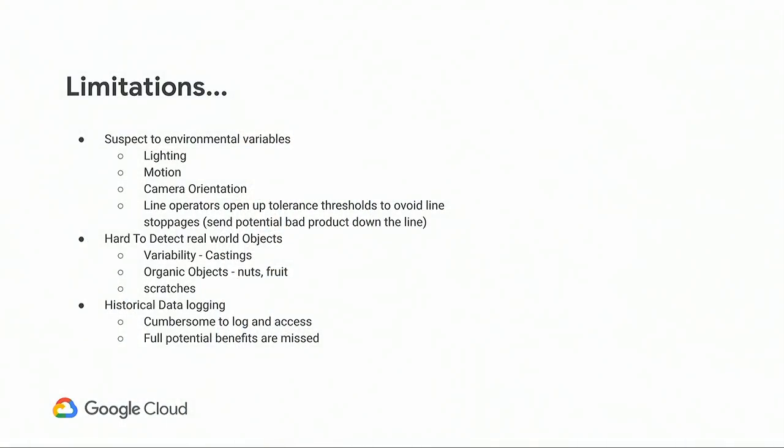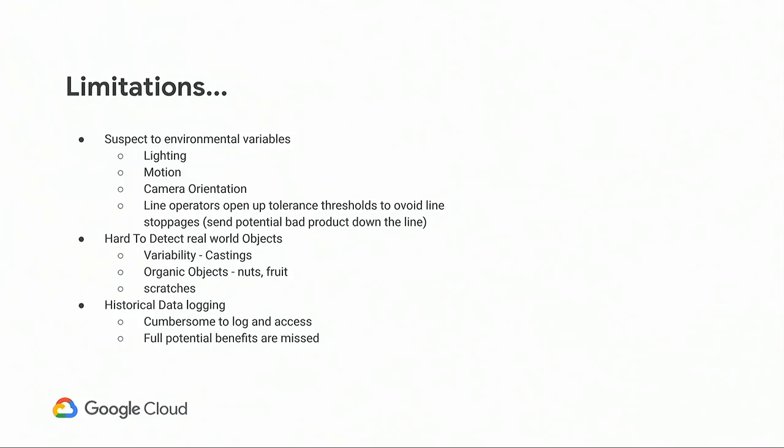Well, the systems today are susceptible to lighting conditions. Imagine you're on your factory floor, you have a skylight, and the lighting changes throughout the day. You have to account for that in your software program and your vision program so that as those lighting conditions change, you are still successfully finding the model as you intended. Camera orientation is important.